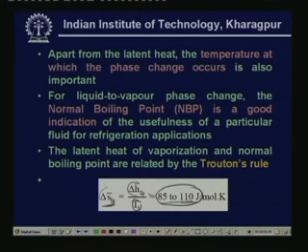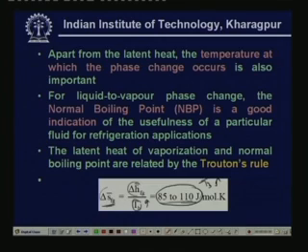This rule is very interesting, and it is also very useful because you can derive certain things from it. For example, from Trouton's rule, you can see that the latent heat of vaporization increases as the normal boiling point increases. That means as T B increases, delta H fg increases.